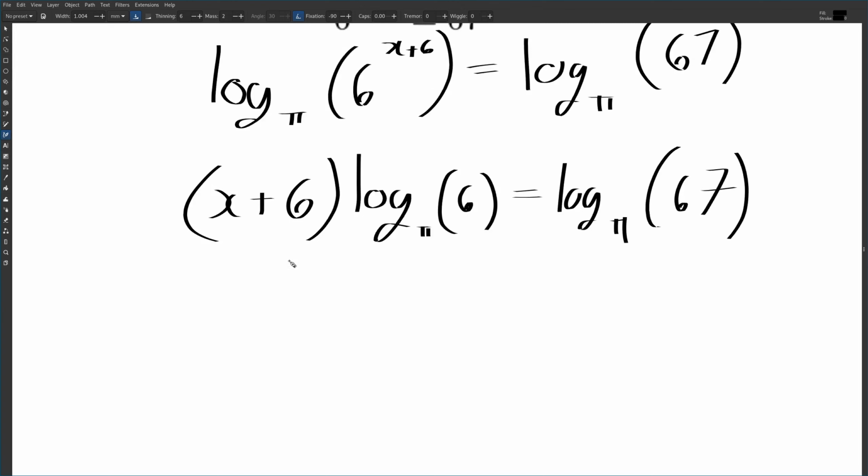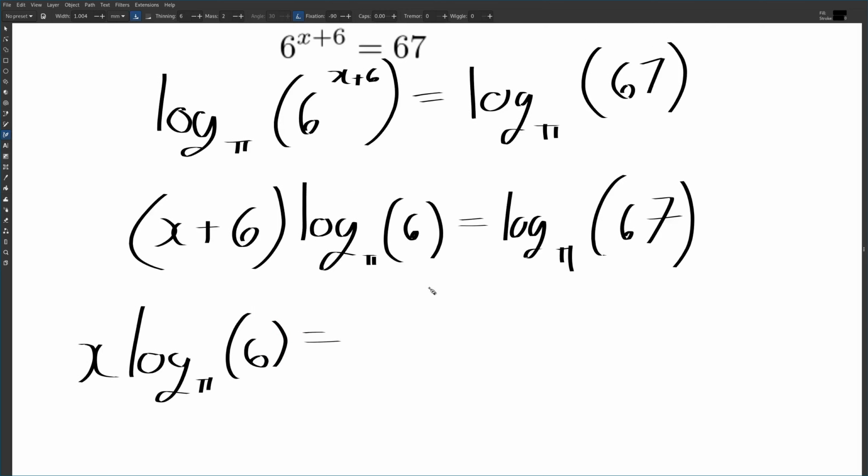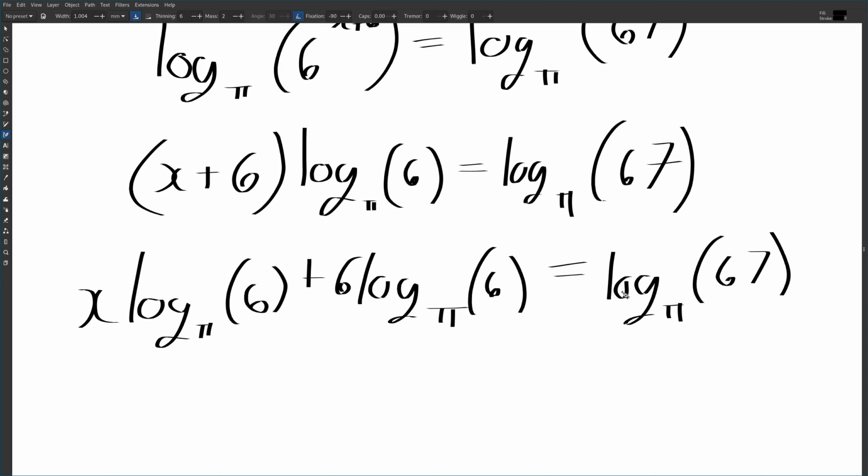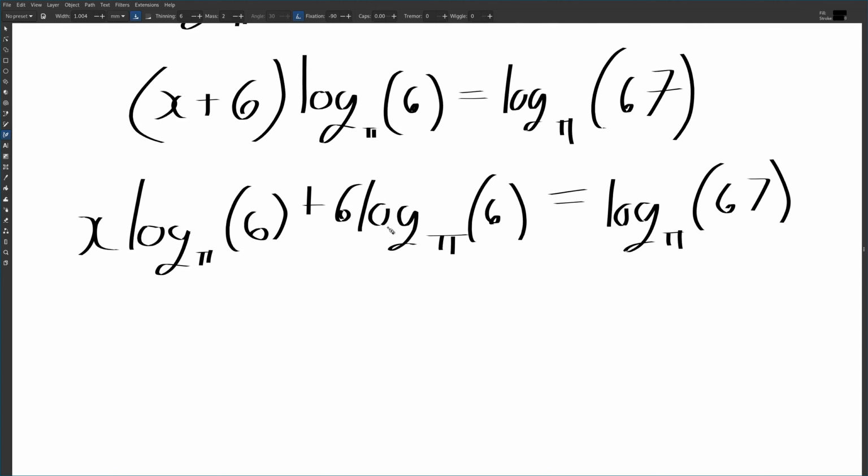Okay, again, we're going to distribute. So x log base pi of 6 plus, don't forget the 6 here, 6 log base pi of 6 is equal to log base pi of 67. Okay, again, we're going to subtract this constant from both sides to make way for this x.